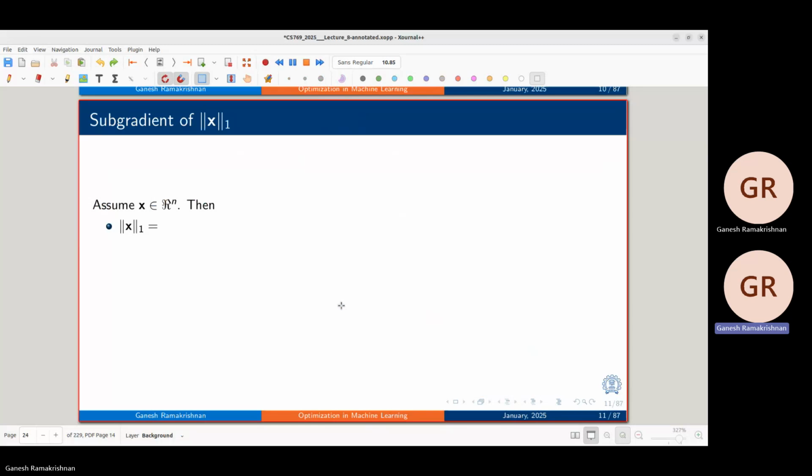Can I use any of these properties? The subdifferential of f is the convex hull over all the active functions of the subdifferentials of those active functions at that point x. So we are deferring Cauchy-Schwarz for now. I'll come to that, but I want to take a simple example.